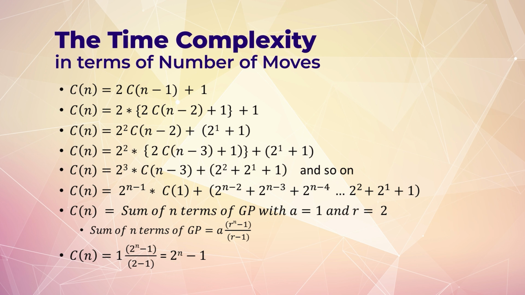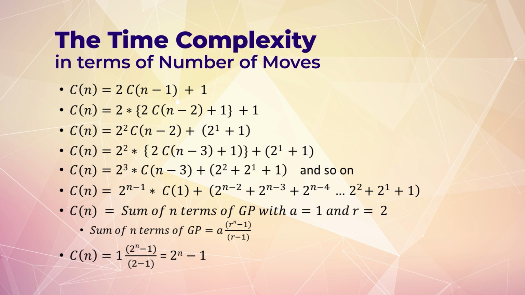So this is actually a GP now, right? Technically speaking, C1 was 1. So we get the whole equation, our terms are now 2 to the power n minus 1 plus 2 to the power n minus 2 plus 2 to the power n minus 3 up to 1, right? So we are going to represent the sum of n terms of GP, where A is 1 and R equals 2, and the sum of n terms of GP is A multiplied by R to the power n minus 1 divided by R minus 1, right.